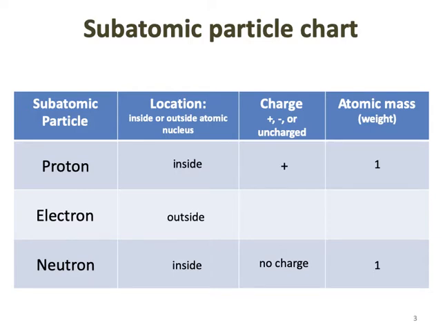Electrons, on the other hand, exist outside the atomic nucleus. They have almost no mass, and they each have a negative charge that's equal and opposite to the positive charge of each proton. And that attraction between positive and negative charges is what helps hold an atom together.